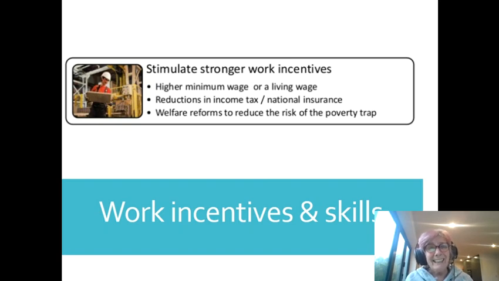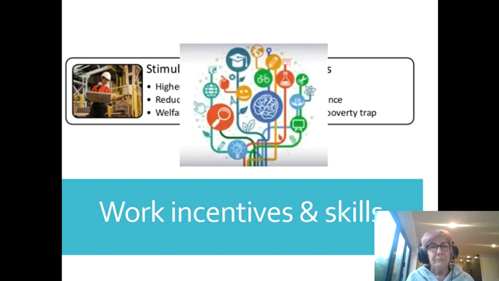Things like reducing income tax to provide an incentive for more people to work. Things like welfare reforms to ensure that work always pays. And things like giving people the skills that they need in order to come into the workplace, and the skills that they need in the modern workplace, which may be different to the skills they needed 10 or 20 years ago.